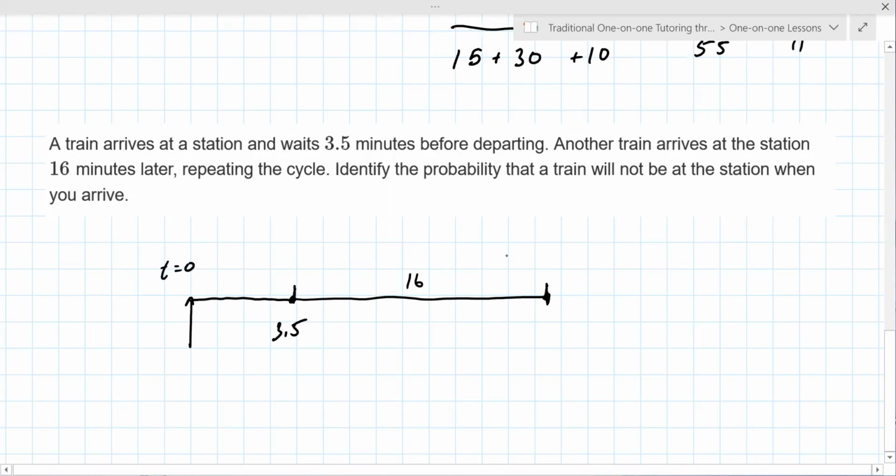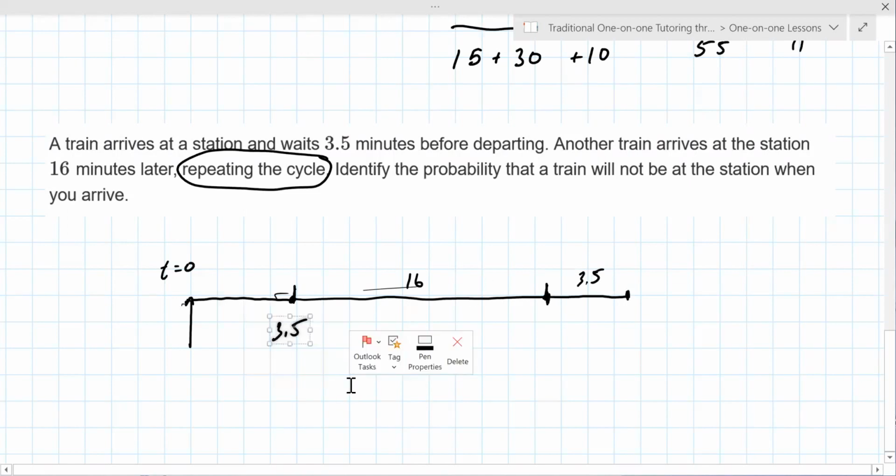That's the time difference, but it says it starts here, it waits 3.5 minutes, and then you wait another 16 minutes. Okay, but it says repeating the cycle. So the cycle refers to this 3.5 minutes. I see. Okay, so maybe I mislabeled this, but it's 3.5 minutes, then the train goes away.